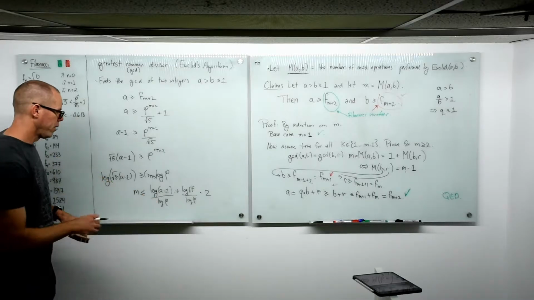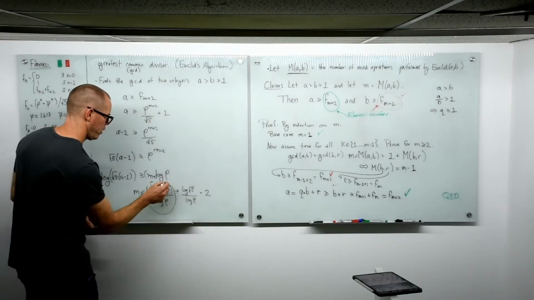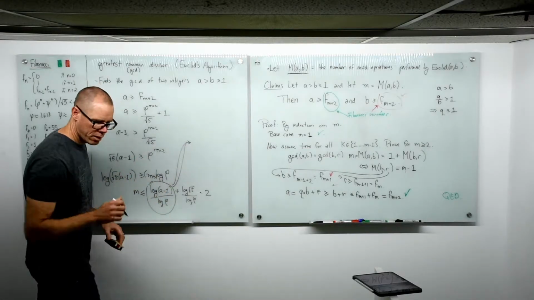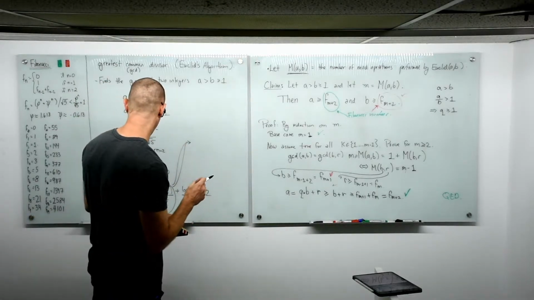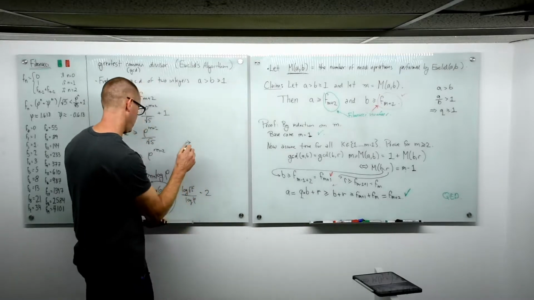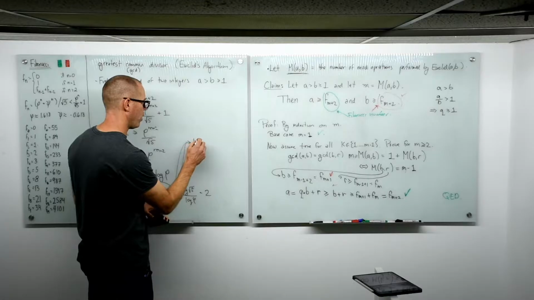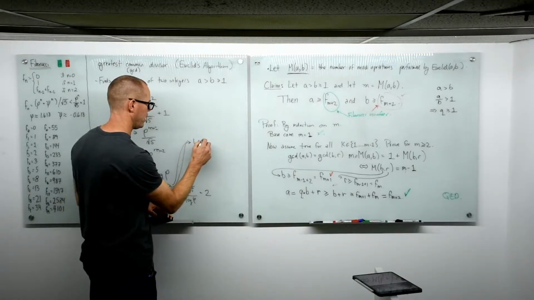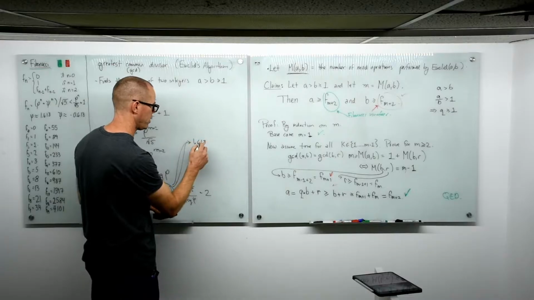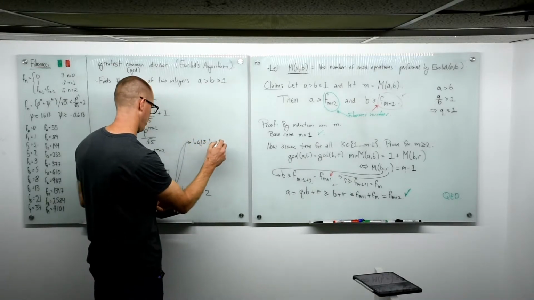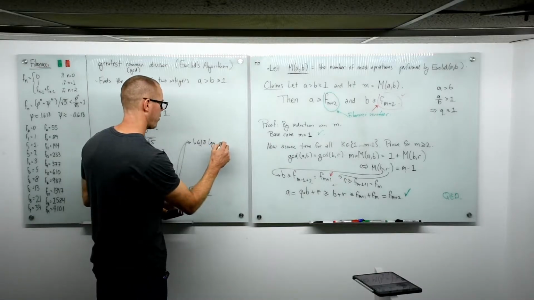If you evaluate this and look at what this means, it's about 1.6, I'm going to say 1.618, though this is not exactly correct, times log base 2 of a.